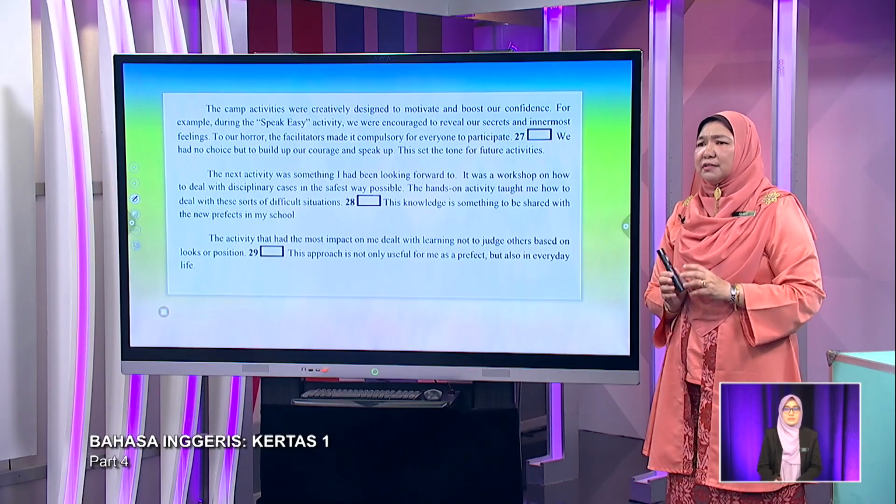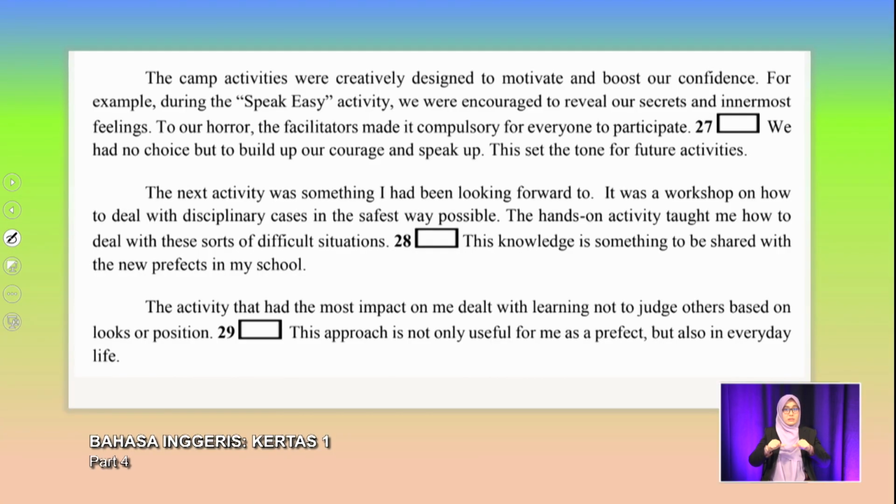The camp activities are creatively designed to motivate and boost our confidence. For example, during the Speak Easy activity, we were encouraged to reveal our secrets and inner feelings. To our horror, the facilitators made it compulsory for everyone to participate. There we have one missing sentence there. We had no choice but to build up our courage and speak up.